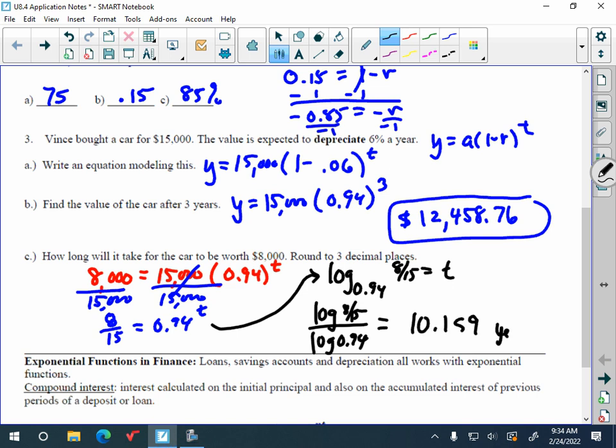This is going to be years. So it takes a little bit longer than 10 years to go down from 15,000 to 8,000.